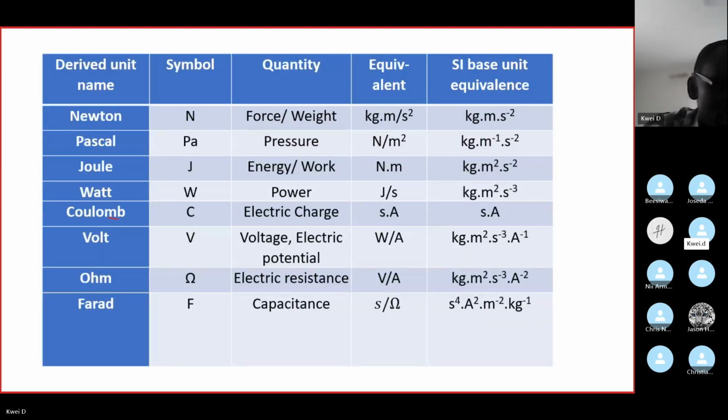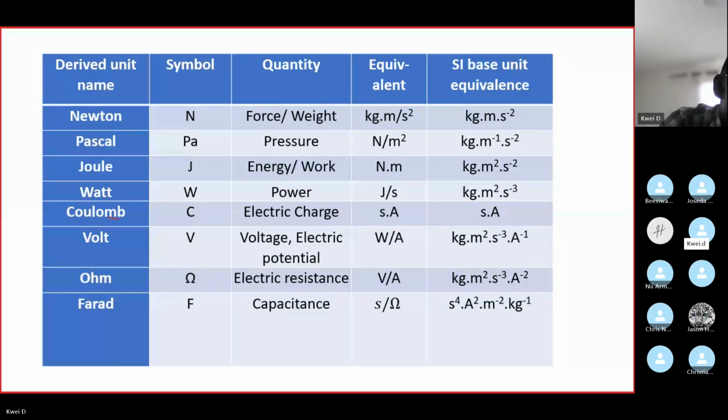You can see a few on your screen. You have the Newton, which you may have even come across already. You have the pascal, the joule, the watt, the coulomb, the volt, the ohm, the farad. We can even add a few more to it, but these are common ones that you are going to be coming across.